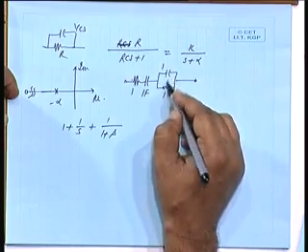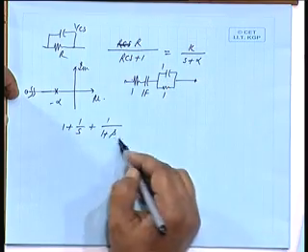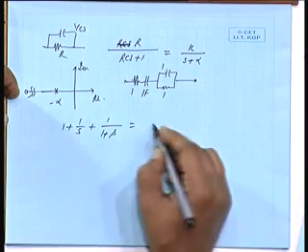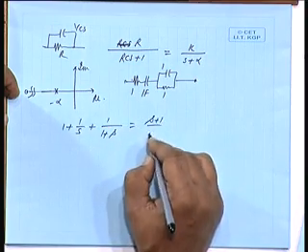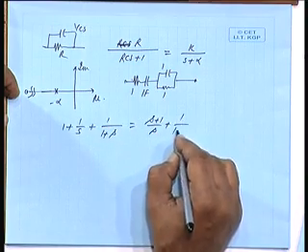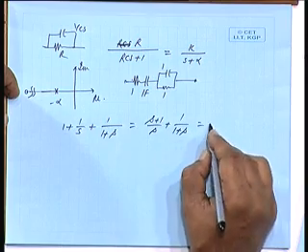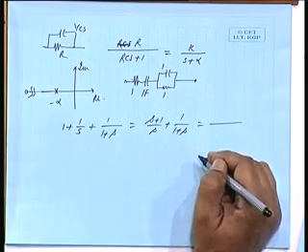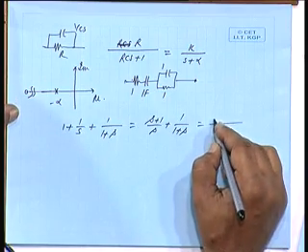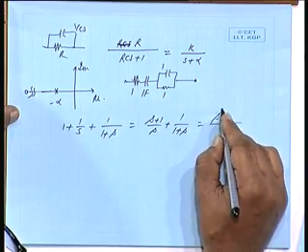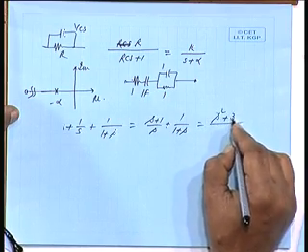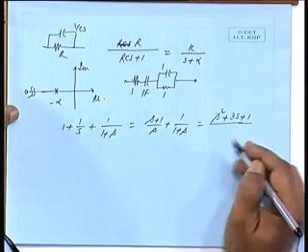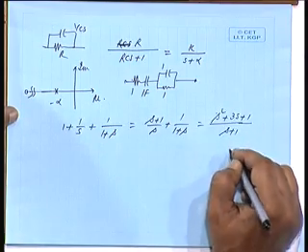This is 1 and 1 by s parallel combination, that will give you 1 by 1 plus s. So, that gives me (s plus 1) by s plus 1 by (1 plus s). So, (1 plus s) whole square plus s, s squared plus 2s plus s, 3s, all right.